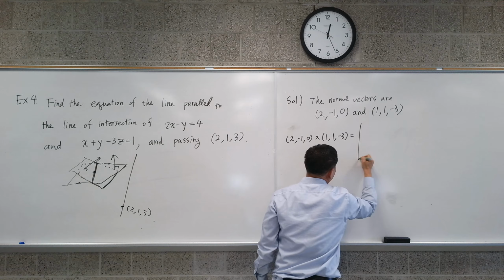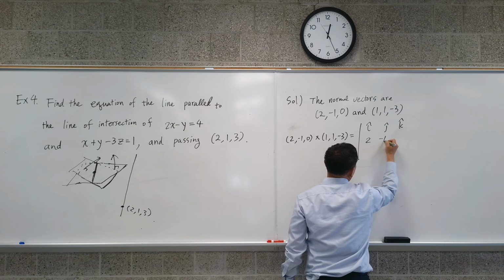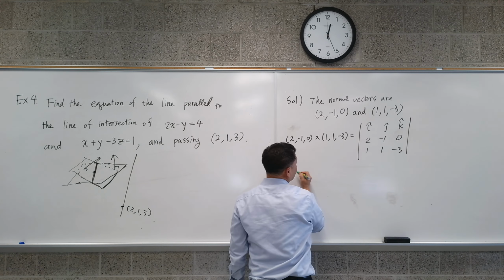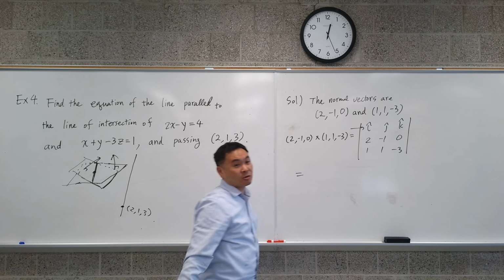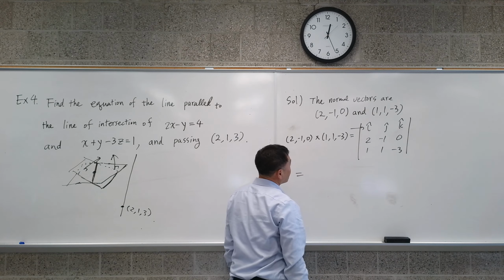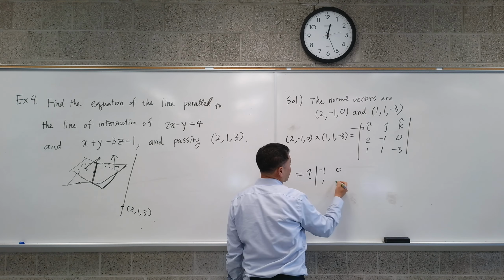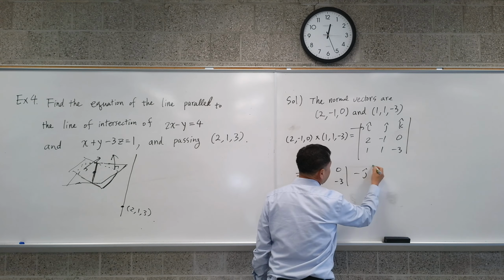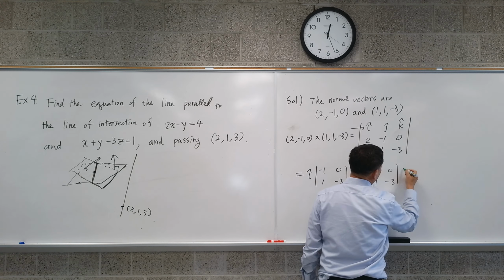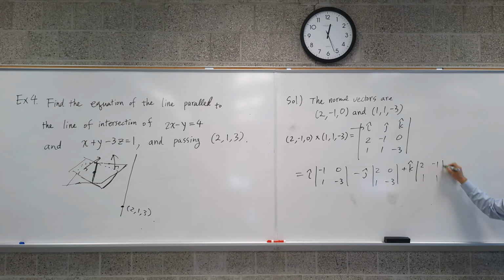The way you calculate that is you put i, j, k, then 2, -1, 0, then 1, 1, -3, and then you expand with respect to one row or column. So it would be i with (-1, 0; 1, -3) minus j with (2, 0; 1, -3) plus k with (2, -1; 1, 1).